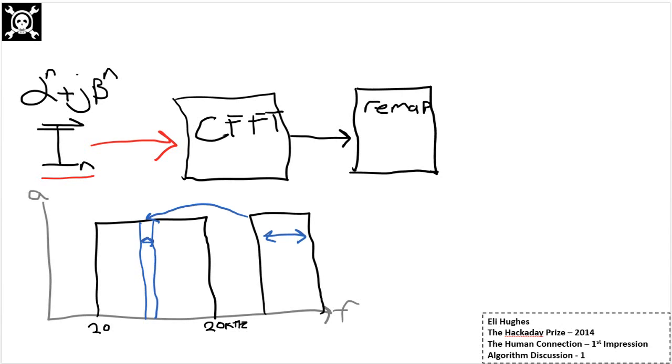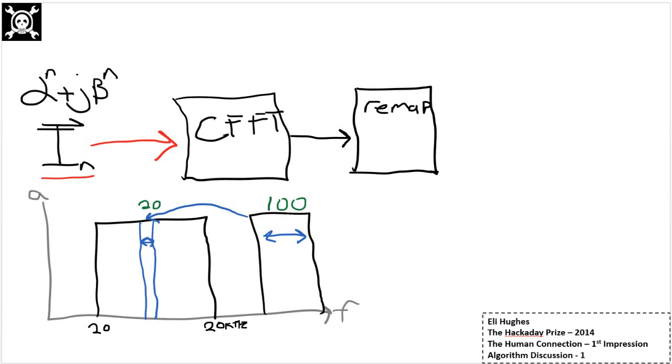So we've got to take this width here and remap it into this width. Now that is simple enough in principle to understand. What you could do is scan through this array and squish it down into this array. But we're dealing with discrete time signals here. So, just for discussion's sake, let's say this spans 100 bins and this spans 20 bins.